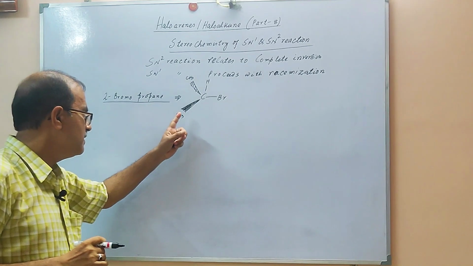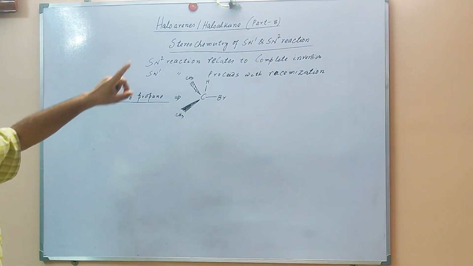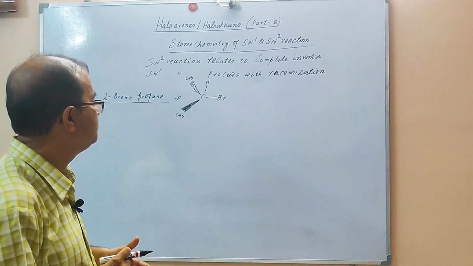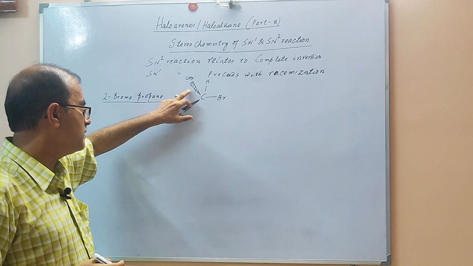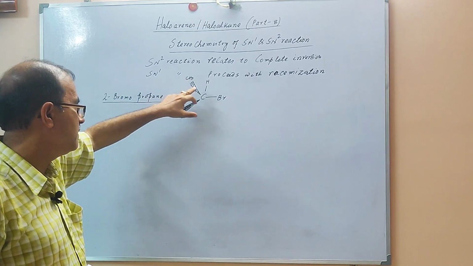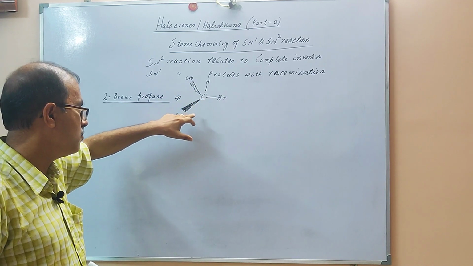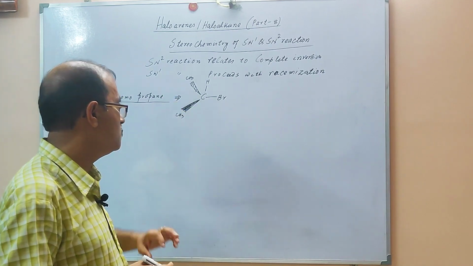Here you can see the CH3, hydrogen and bromine. All the groups attached to the carbon atom are not the same for a chiral center, but here you can see the groups attached to the carbon atom have a similar type, that is, 2 CH3 groups.